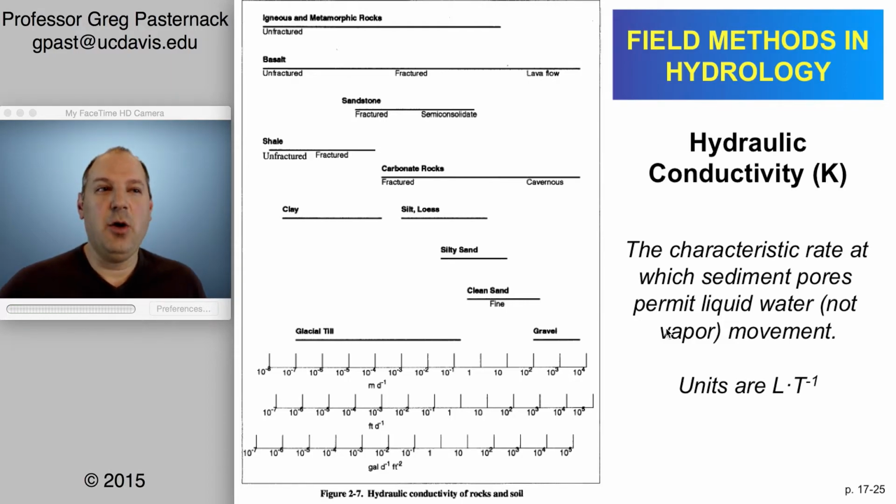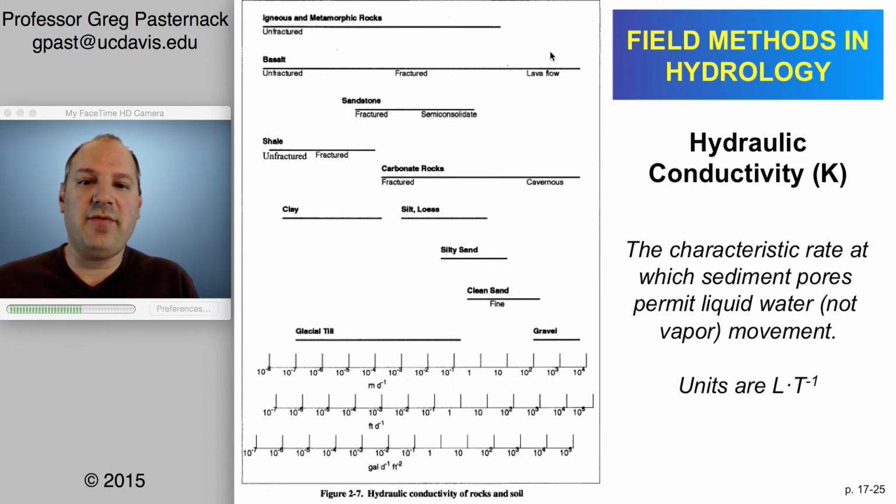If there's organic matter in there or cohesive material, then it could be different. And similarly, if it's not sedimentary at all, but it's a hard rock, then it also is going to be quite different. And it's going to be governed by the nature of the fractures or solution caverns that are present there.